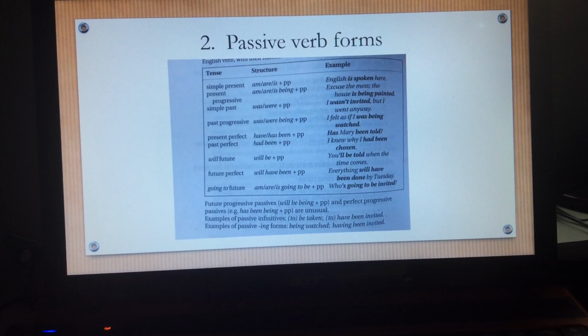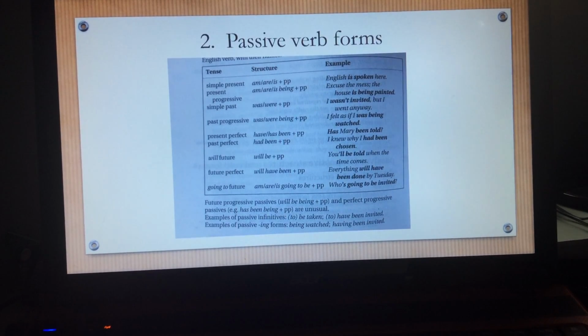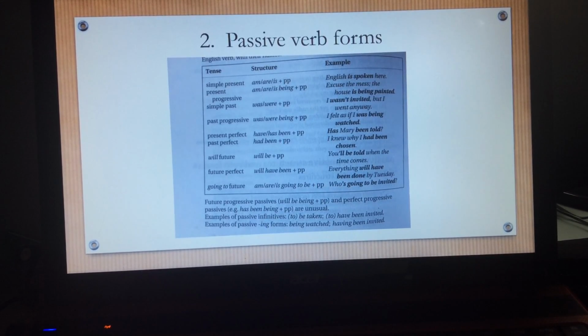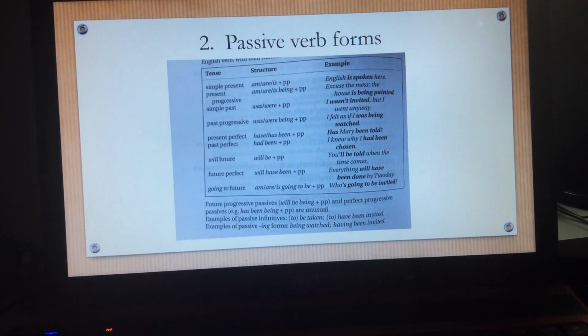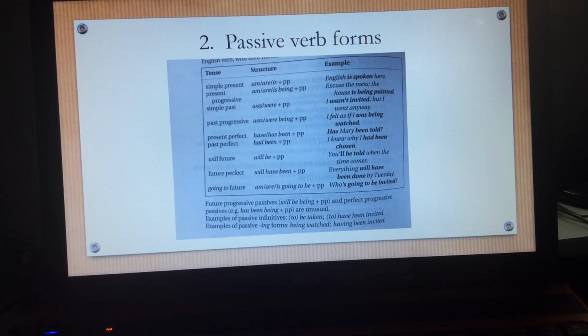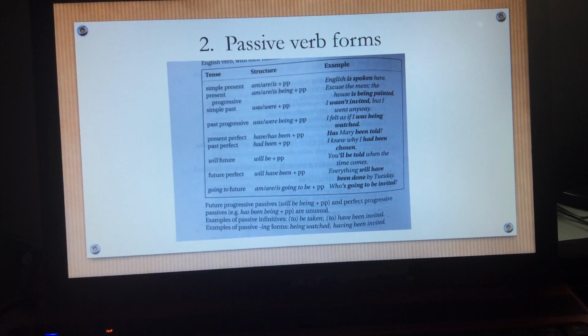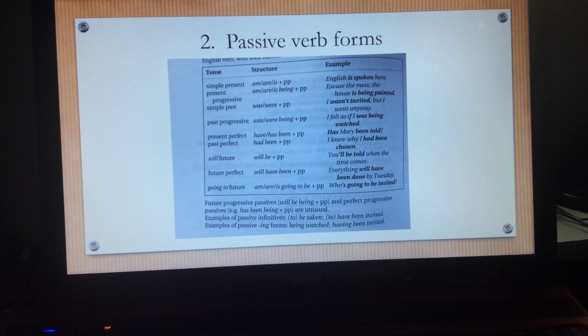If I have a present progressive or present continuous, for example, they are painting the house, then I have to write the verb to be in the present continuous. The house is being painted. And the same with the rest of verbs, the past simple, the past continuous, the future.